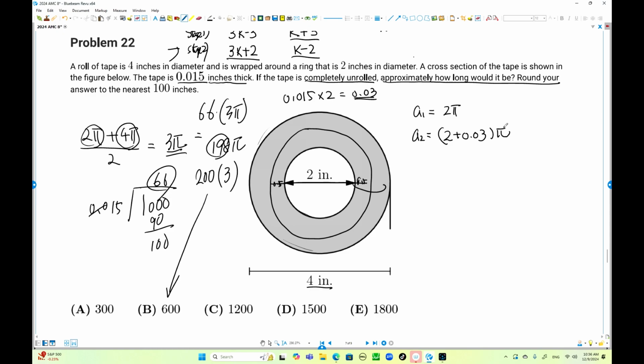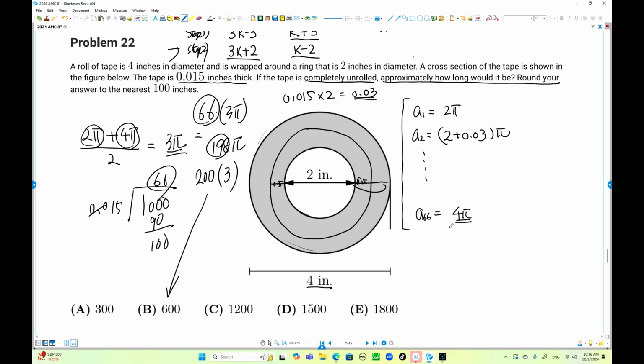Keep going over here. The last one should be 4 pi. How many terms are there? 1 divided by 0.015 gives 66 terms.